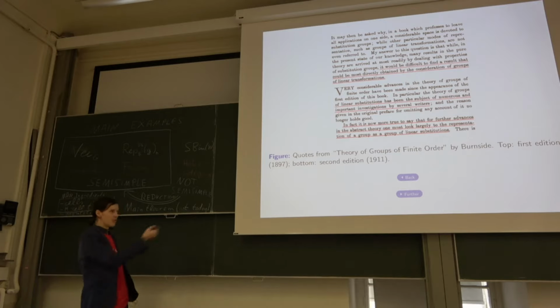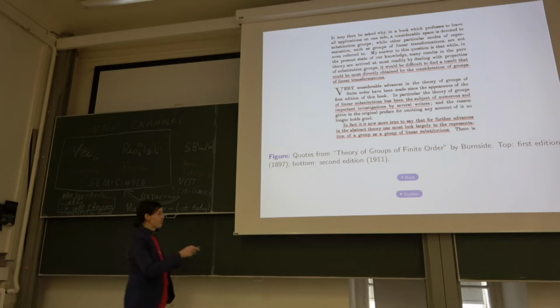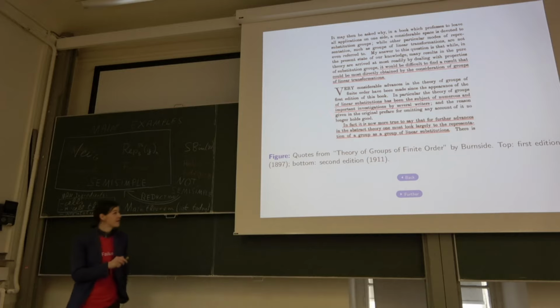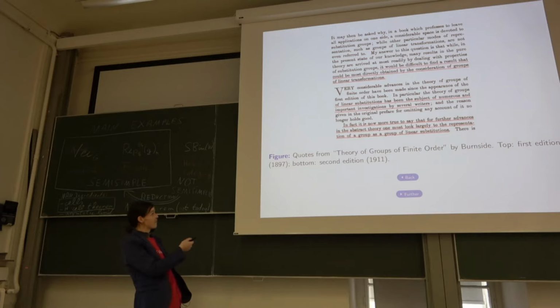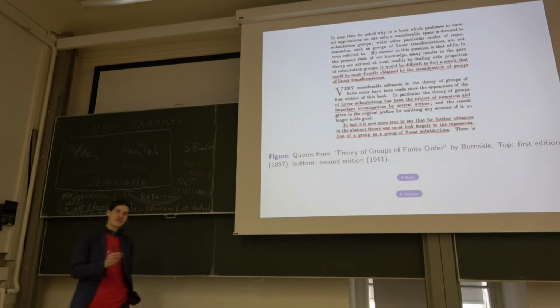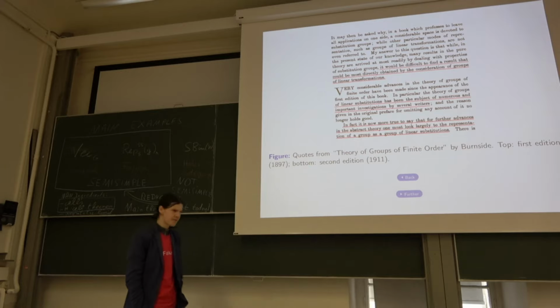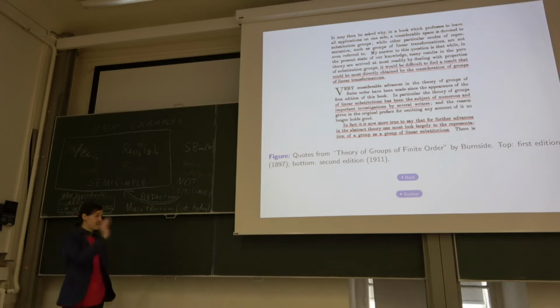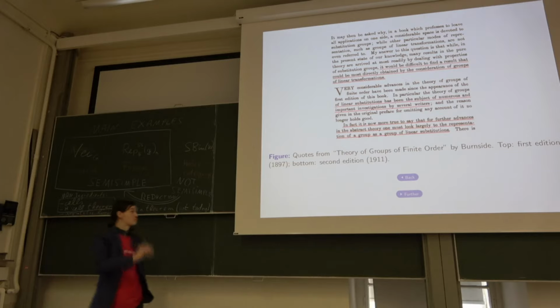In particular, Burnside himself said, when he was writing his very famous book, Theory of Groups of Finite Order, the first edition is, as I said, very old, and he basically says what Frobenius did is useless. He says it would be difficult to find a result that could be more directly obtained by the consideration of groups of linear transformations. So groups of linear transformations is his name for representations. So he basically says representation theory is useless. Okay? That's basically what he says, right at the first page of his book.